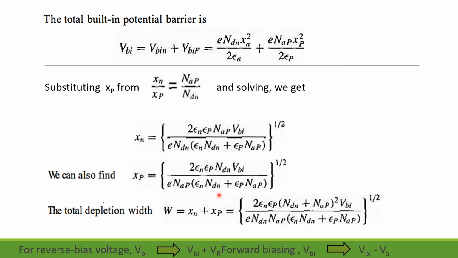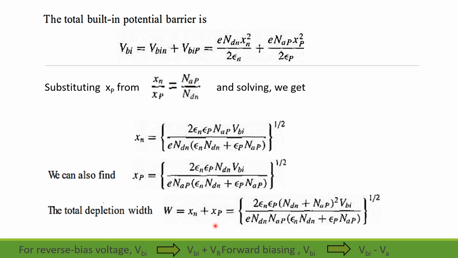And the total depletion width W equal to Xn plus XP, that is equal to [2 epsilon N epsilon P (NDN plus NAP) squared VBI divided by q NDN NAP (epsilon N NDN plus epsilon P NAP)] raised to 1 by 2. This is the total depletion width at zero bias.